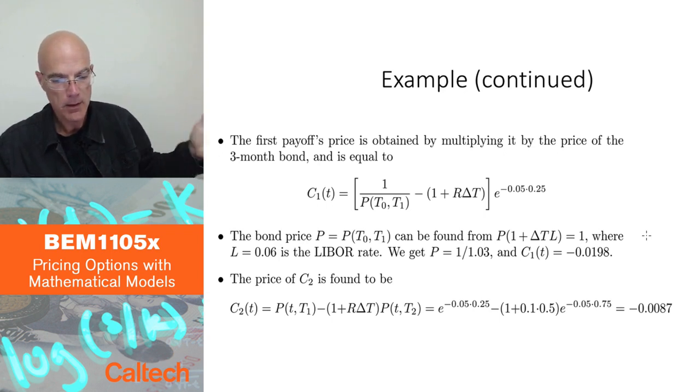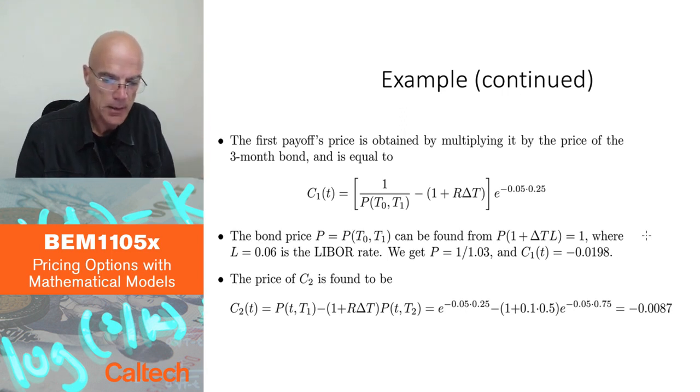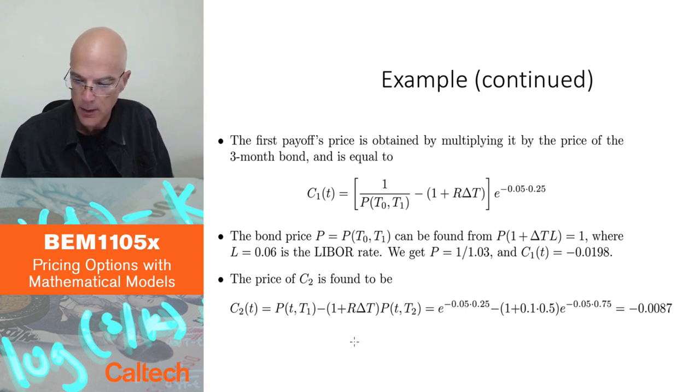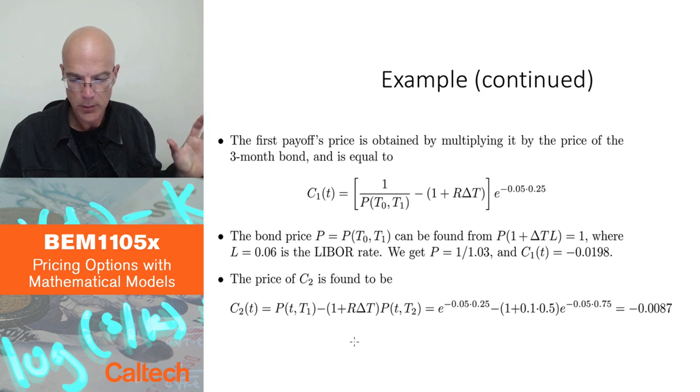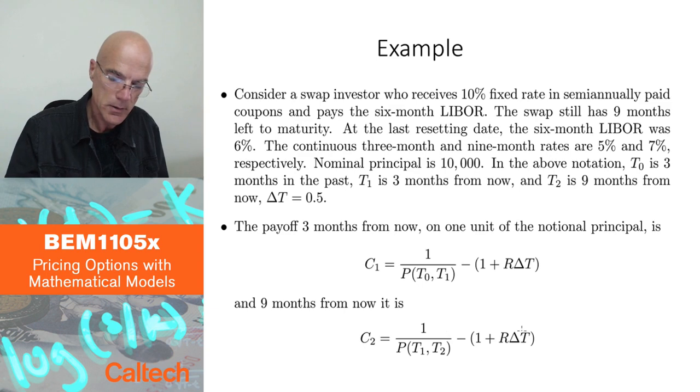And finally, I have to price the payment which will be paid 9 months from now. Remember, I already priced something like that. Let me look at the payment again. So this one is easy.